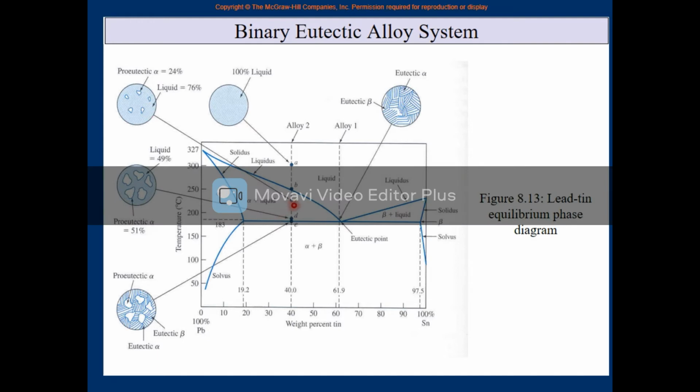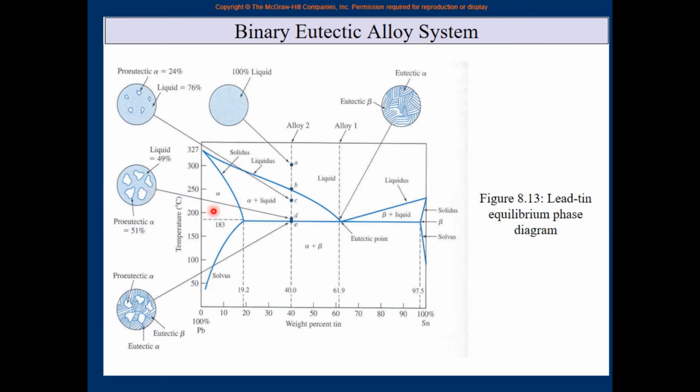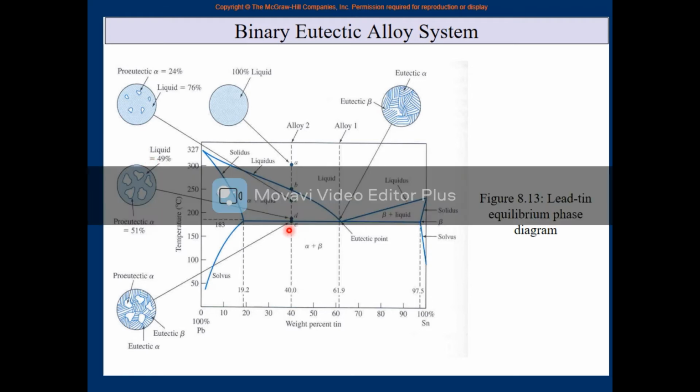Once you go to C, those dots have become larger, because this was alpha, so all of that has become larger. So you still show that this is alpha and the rest is liquid. Similarly, when you go to D, you have made this even larger and so on. Once you touch the eutectic line, it is very critical.